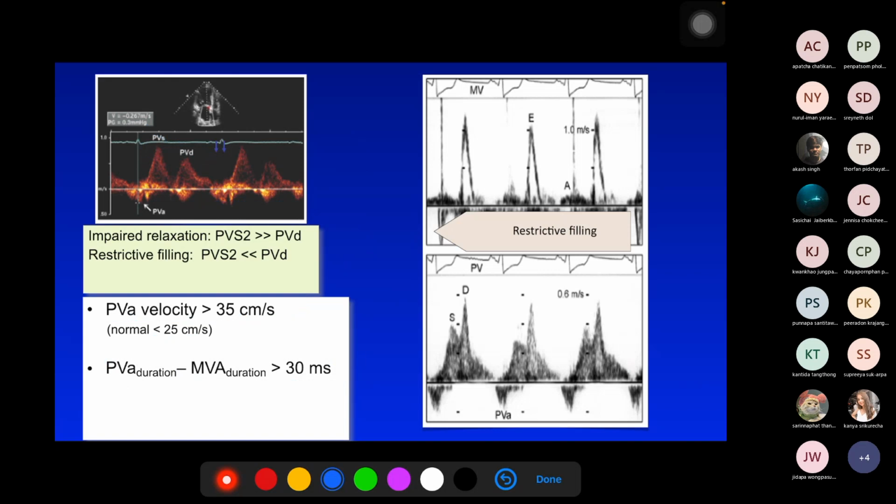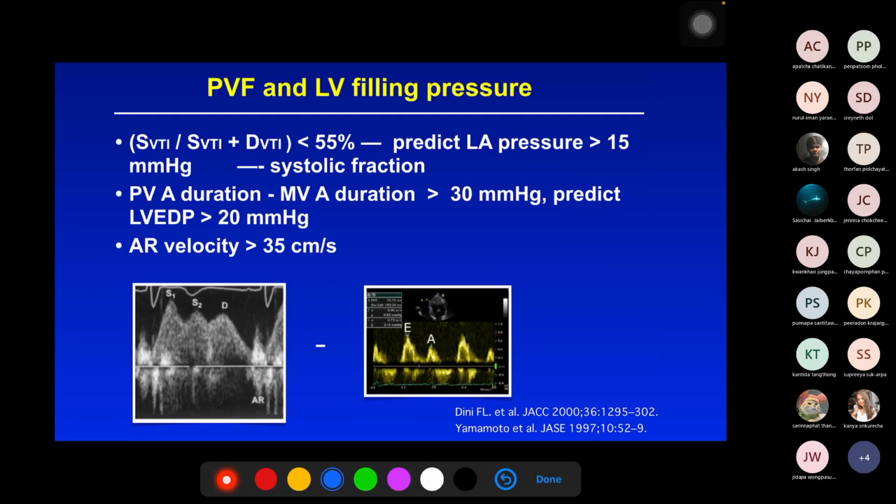Okay, the usefulness of the pulmonary vein Doppler again. Normally, S should be over D and the S to D ratio should be over 1. In the abnormal condition, S is less than D, so the S to D ratio is less than 1.